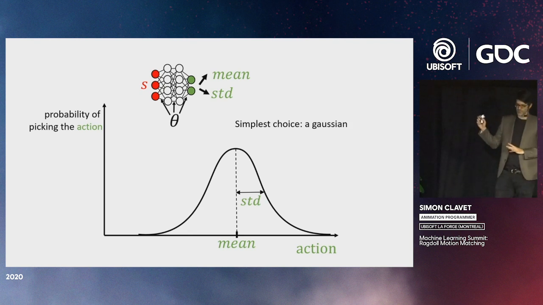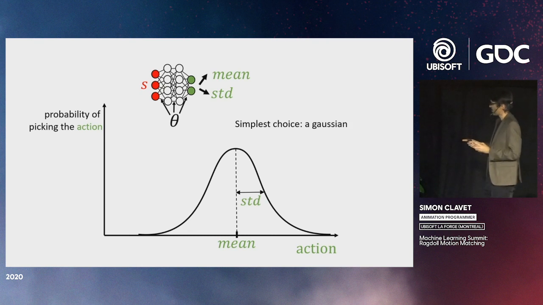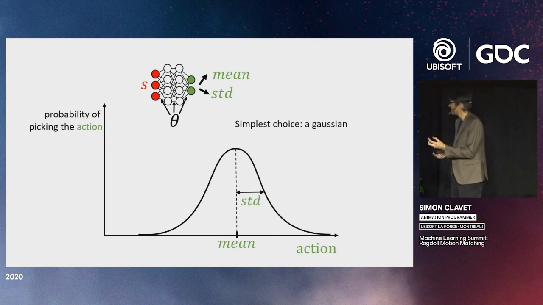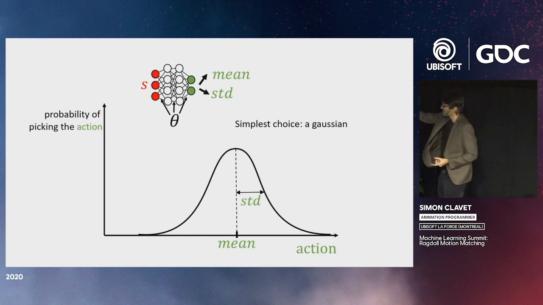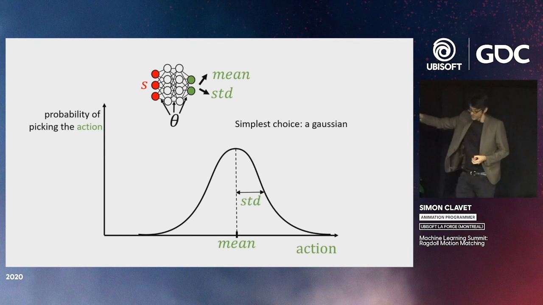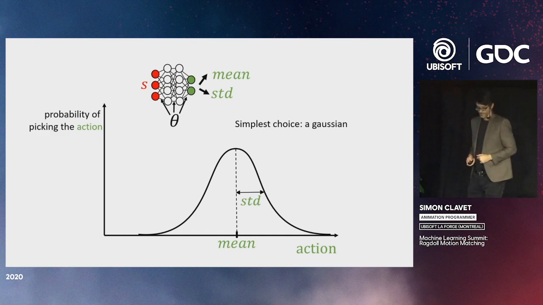And this is the weird part. You need to stop and just think about it for 5 seconds. Now our neural network, that's our policy, gives us the parameters of a distribution of actions for each state. You see the state is still an input of the network. The neural network outputs two things now, the mean and the standard deviation, the variance of this Gaussian.